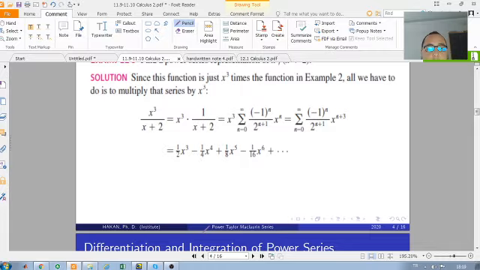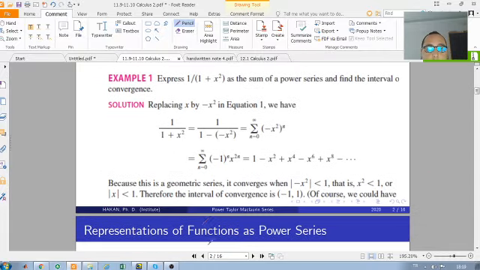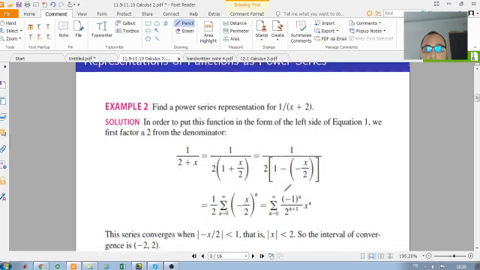In the first example, if you remember, we found a power series representation for 1 over 1 plus x squared, which is equal to 1 minus x squared plus x to the fourth, and so on.